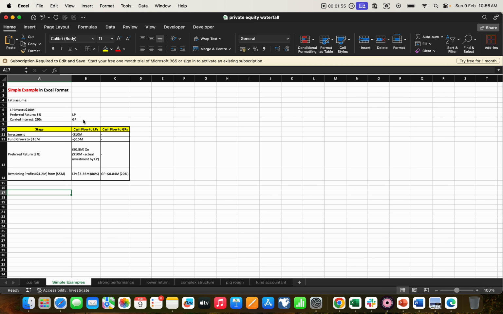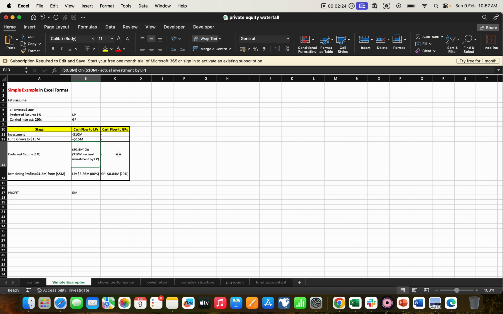So I note down here, profit is 5 million. The preferred return is 8% on the 10 million. The preferred return is always on the initial investment given by the LP. So 0.8 is the preferred return, meaning 0.8 million per year is the preferred return.